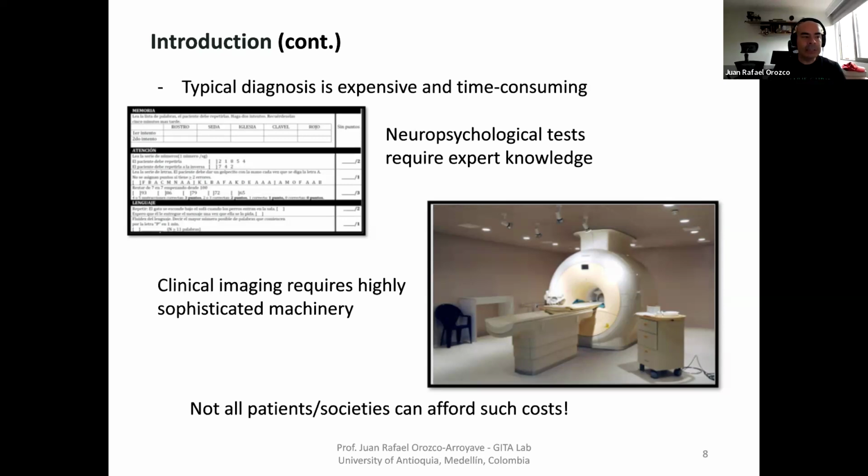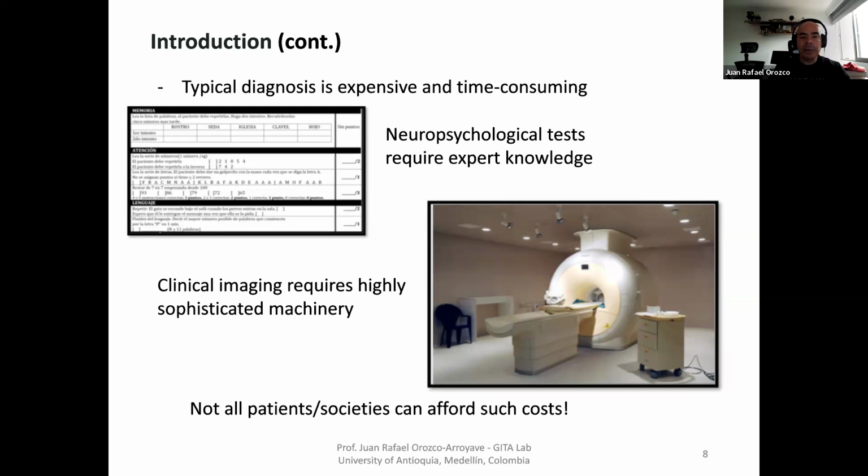That means it's expensive and time-consuming. Another way to address the diagnosis process is via fMRI, or functional magnetic resonance imaging, which is expensive. And not all people and societies are able to afford that cost.